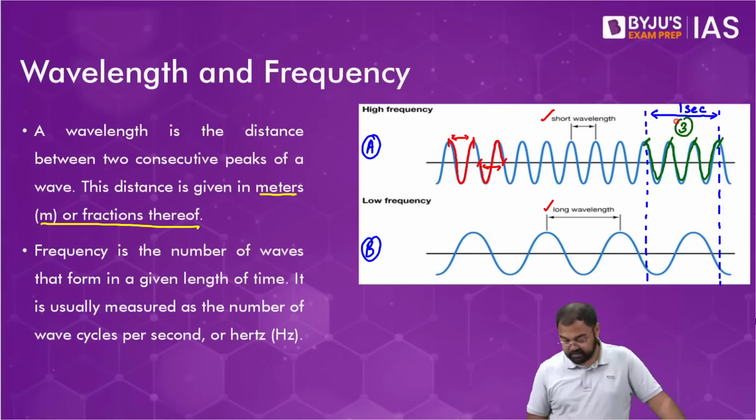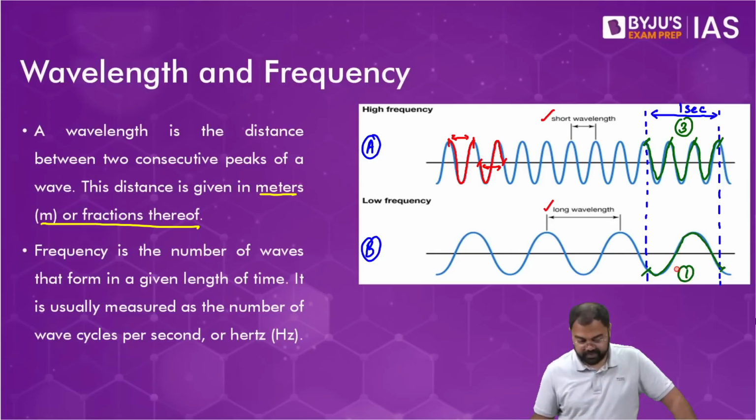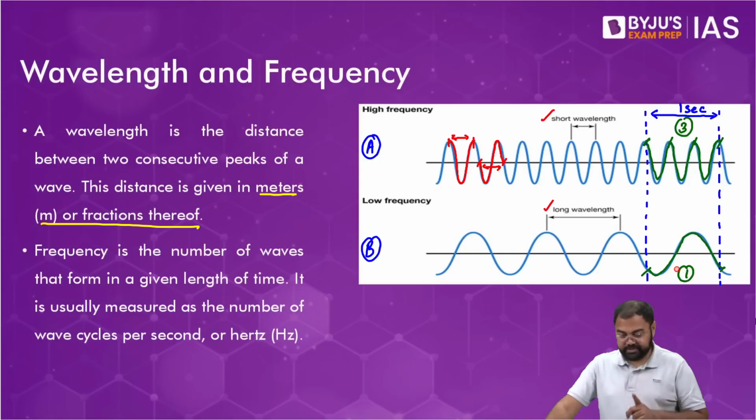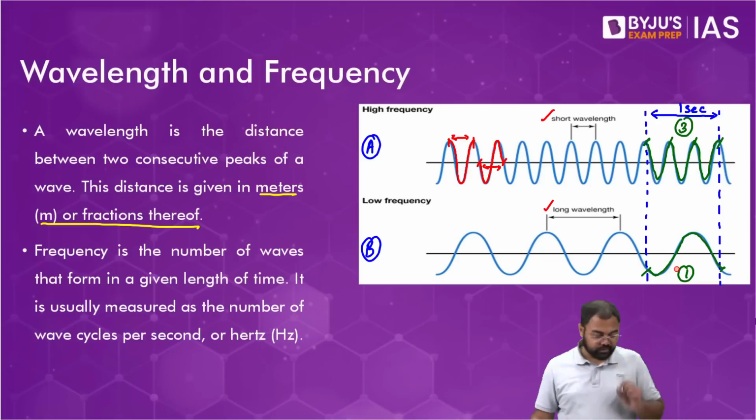On the other hand, what about the B case? How many waves? One, correct. We start from here and come back to almost the same point, so there is this one wave. Now, what is frequency?